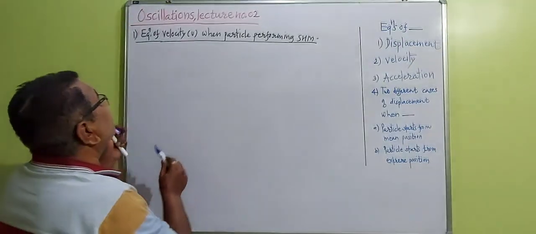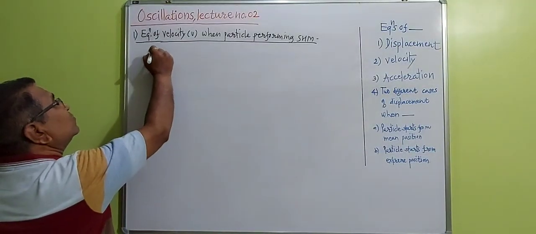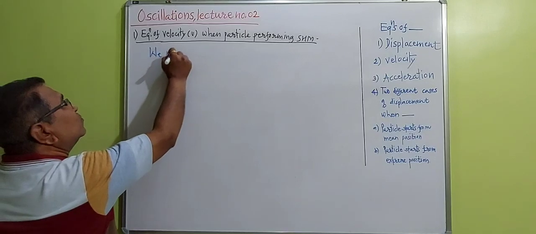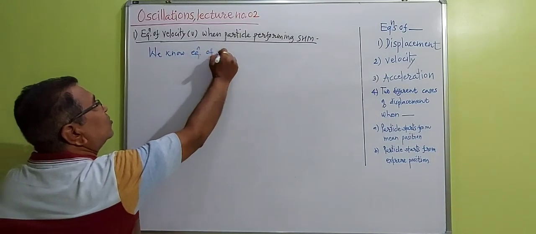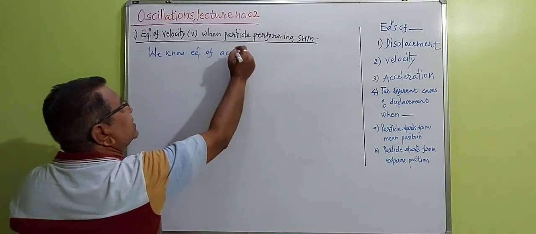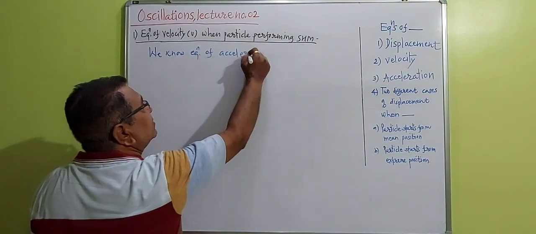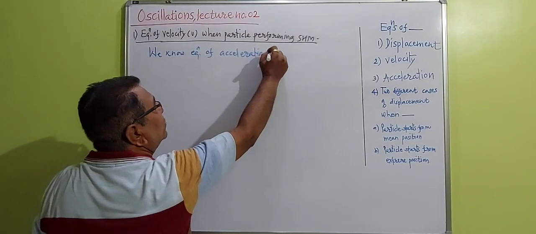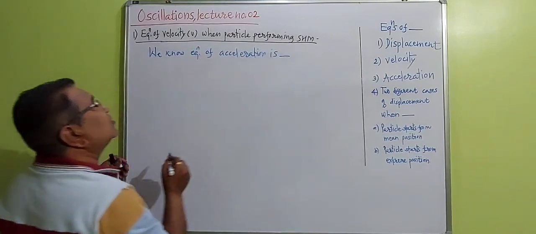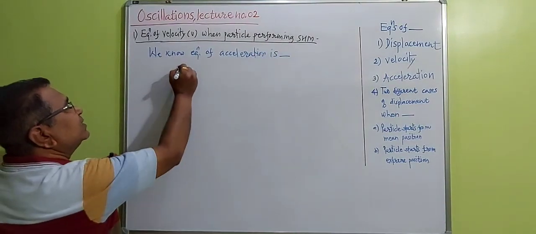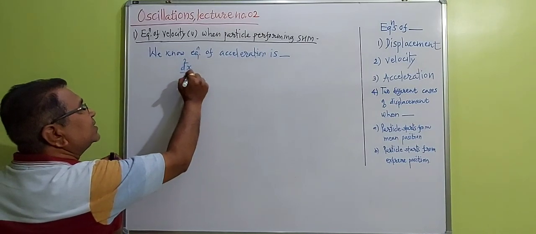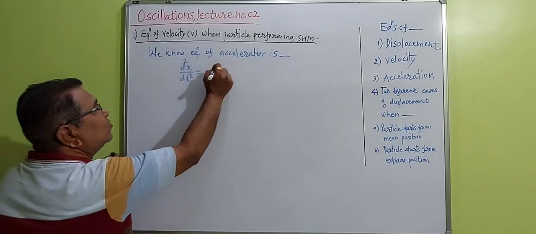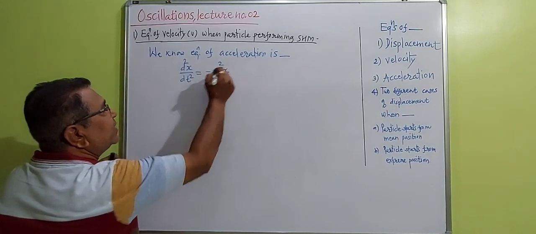We know the equation of acceleration is d2x by dt square is equal to minus omega square x.